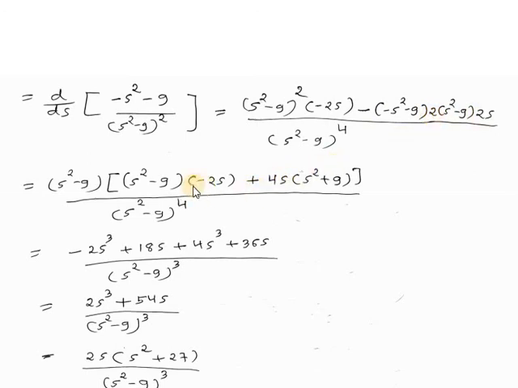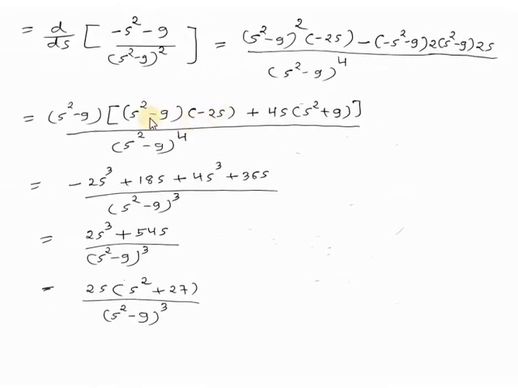So here simplifying further, so it will be minus 2s cube plus 18s plus 4s cube minus 36s divided by (s square minus 9) whole cube. So this will be (2s cube plus 54s) divided by (s square minus 9) whole cube, because 4s cube minus 2s cube will be 2s cube, and 18s plus 36s will be 54s.